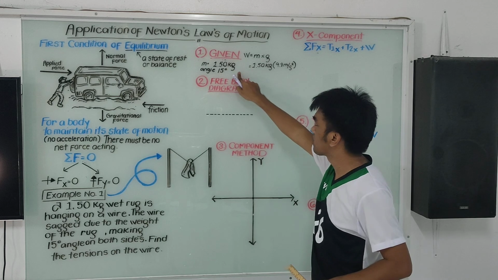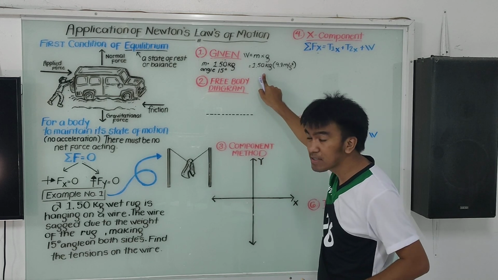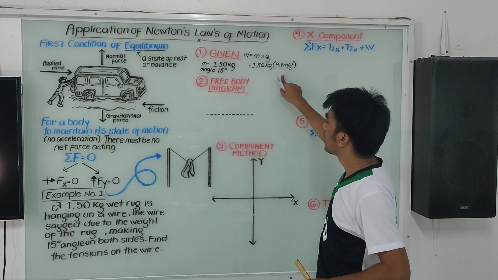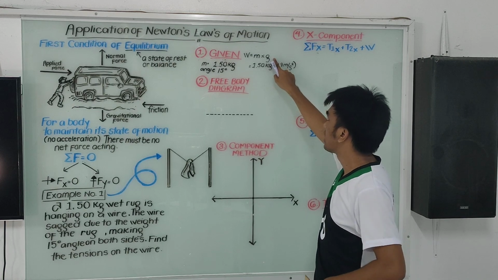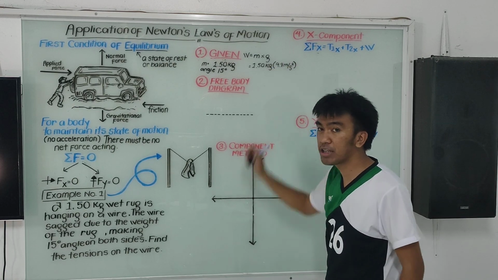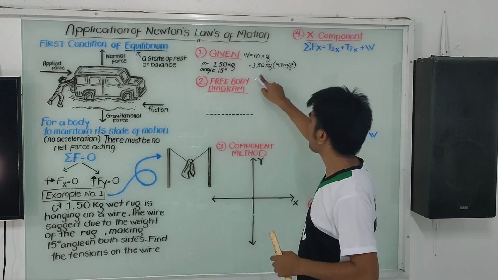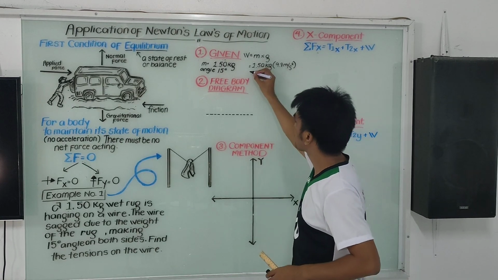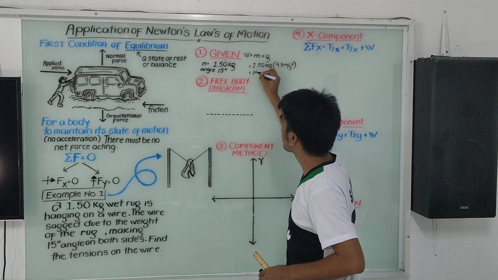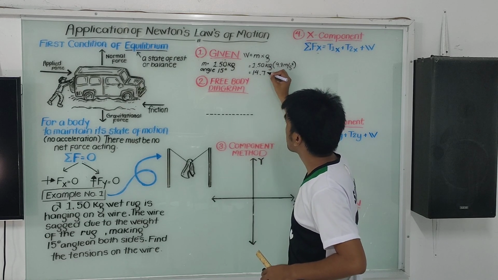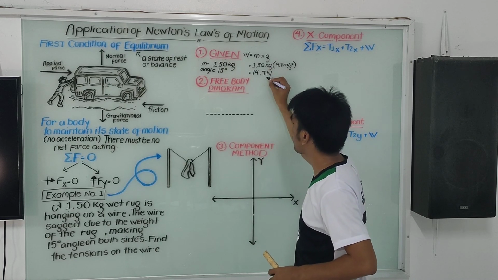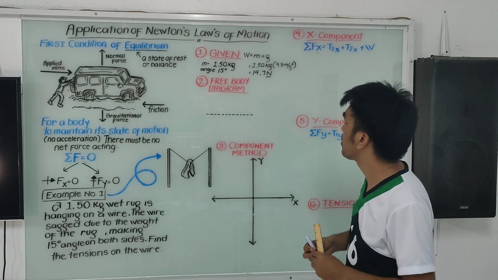So our mass is 1.50 kilograms. And gravity is 9.8 meter per second squared, and that is standard. So 1.50 times 9.8 meter per second squared is equivalent to 14.7 newtons.